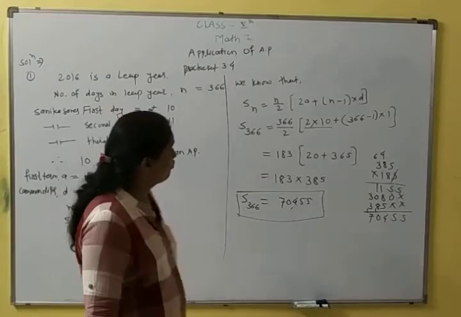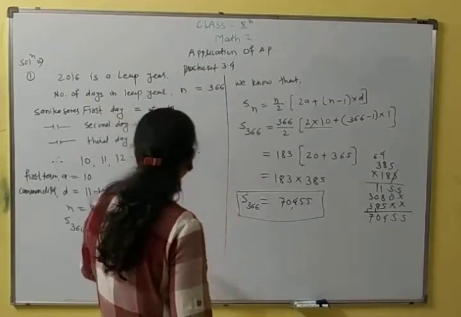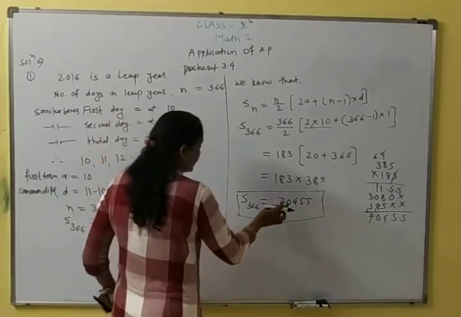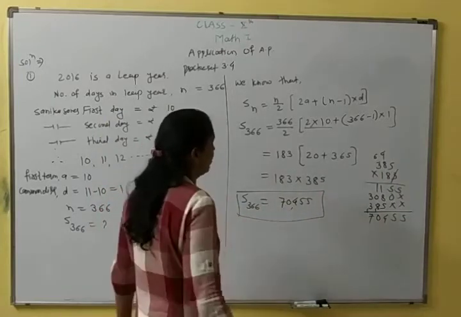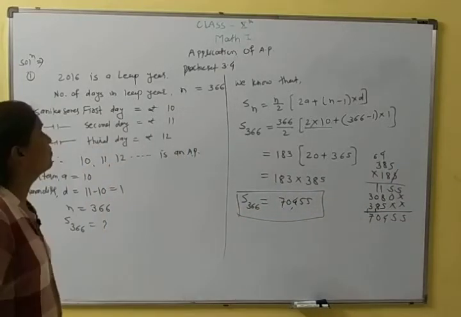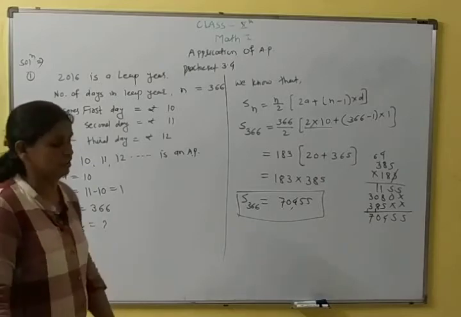So what would be her saving? So Sanika saves 70,455 in a leap year in 2016.